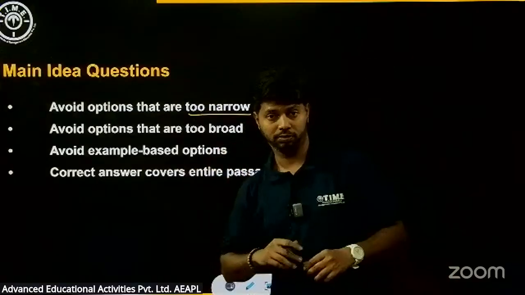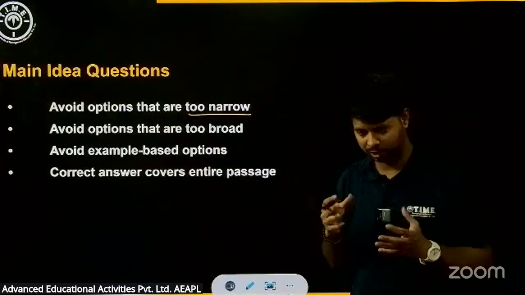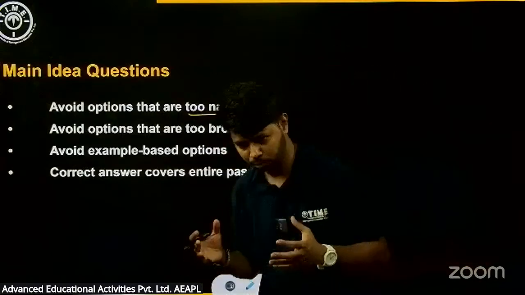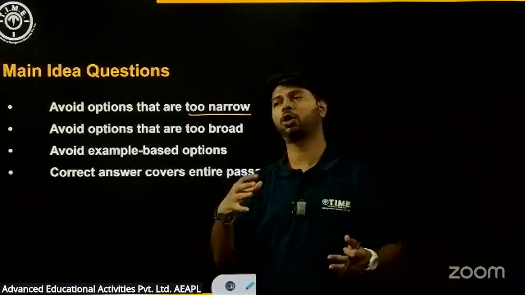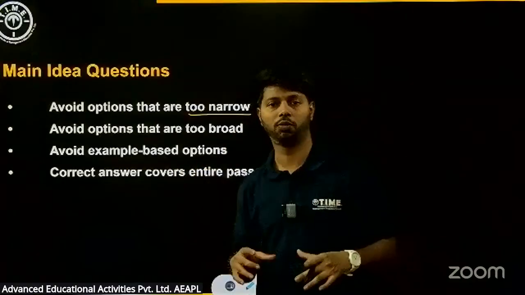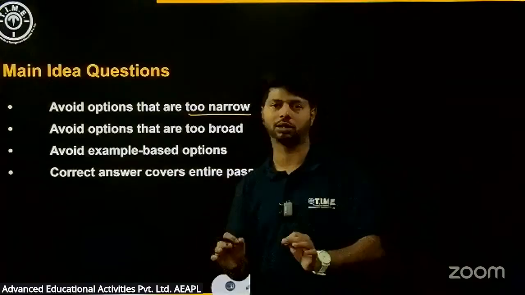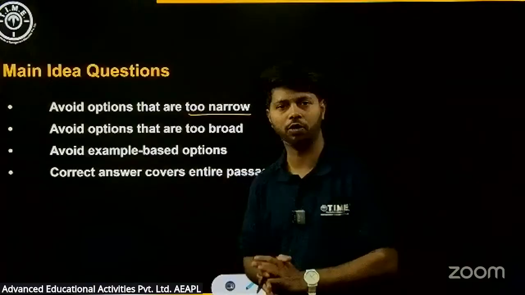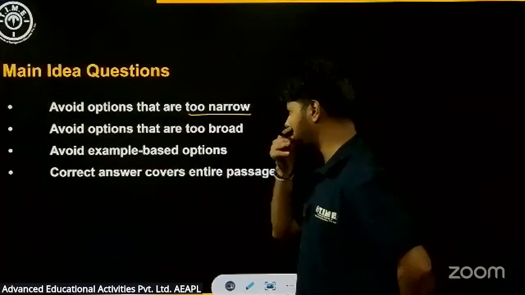Too broad: maybe if we are speaking about colonizing Mars, and one of the options is talking about colonizing space, that doesn't really work. That is too broad. We're specifically talking about colonizing Mars. Colonizing space is not part of the RC's range. Therefore, that is too broad.